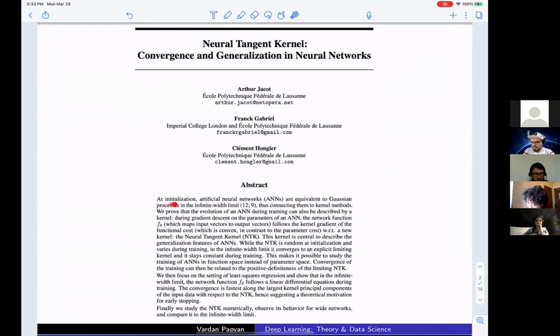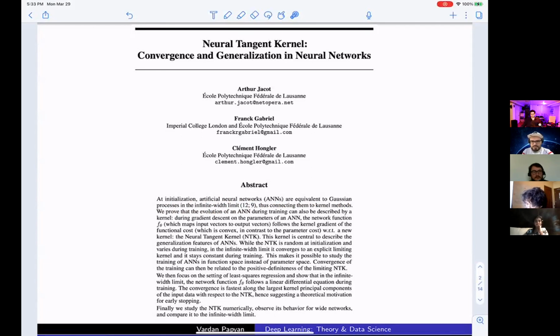So they say, at initialization, you see, even they're trying to convey to you that this is at initialization, artificial neural networks are equivalent to Gaussian processes in the infinite width limit. So at the very least, you can understand the first sentence very clearly now, right?